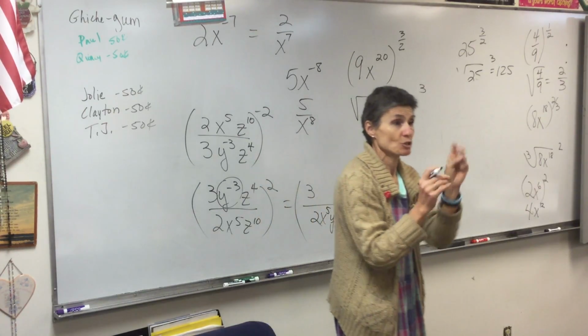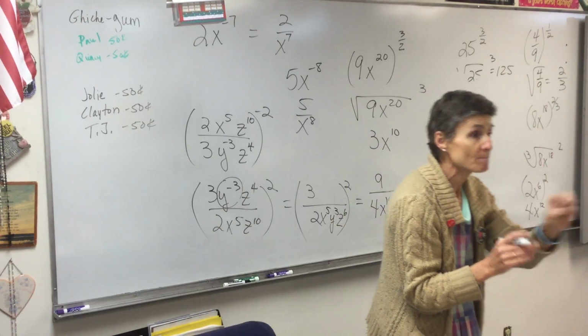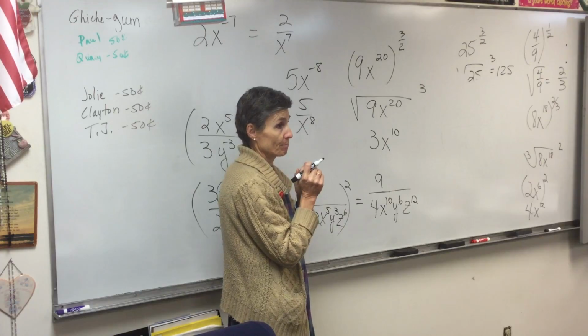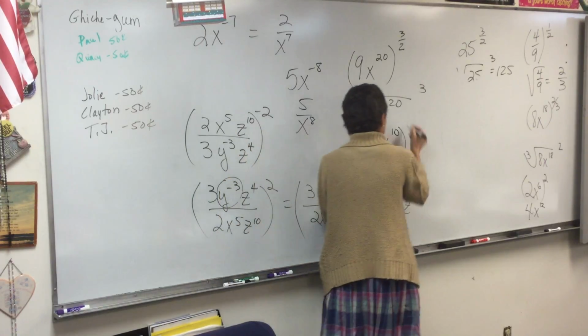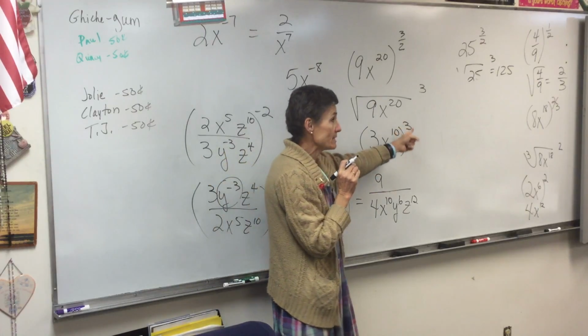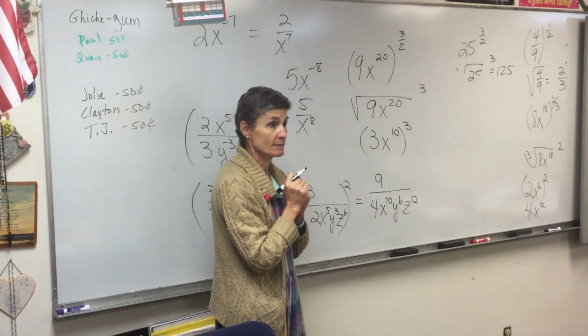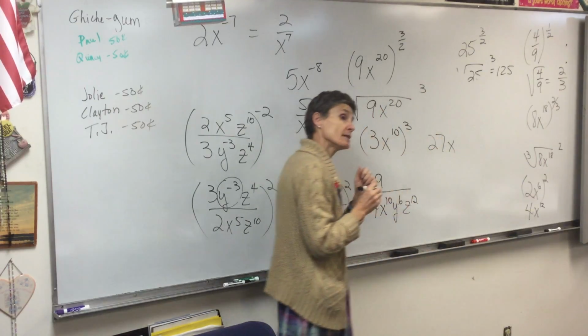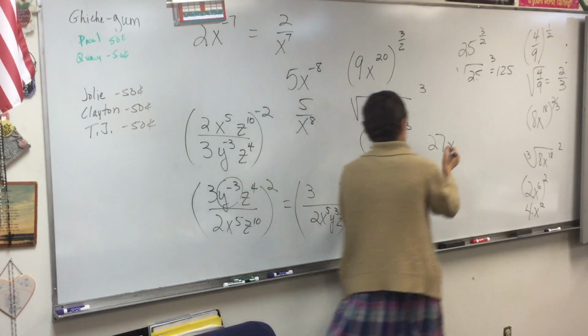Square root means 2 equal groups, right? So if you have 20, that would be 10. Now you're going to cube that whole shebang. So we're going to get 3 to the 3rd, which is 27. And then x to the 30th.